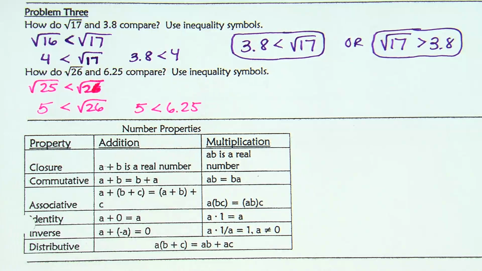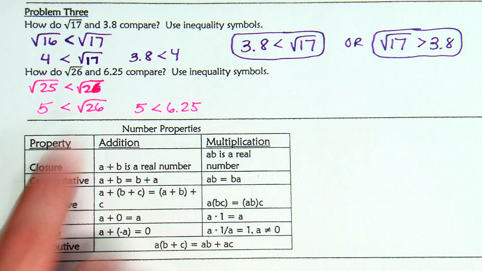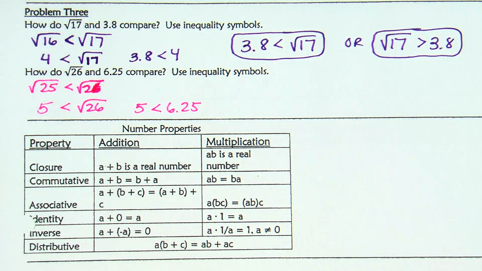I do it too. Square root of 25 is closest to square root of 26, isn't it? So that's what we went with. Well, we need to know what's on the other side. Square root of 25 is what's smaller than square root of 26? What's bigger than square root of 26? That we know. And that's what? Square root of 36?